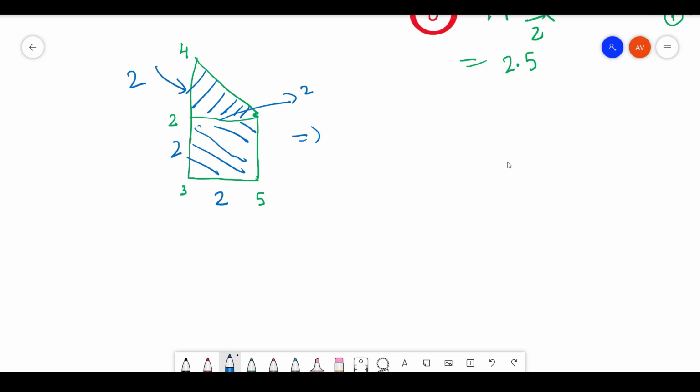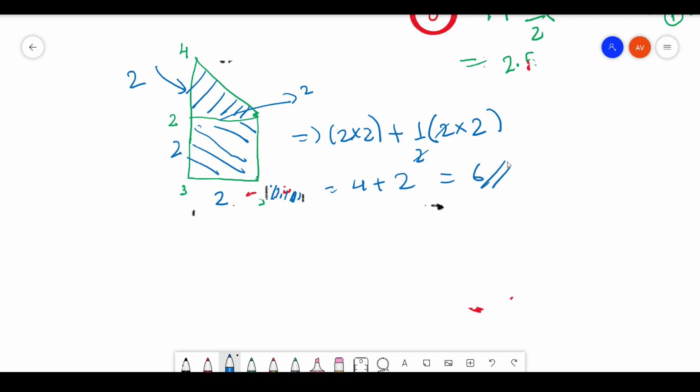So the area is 2 into 2 for the square, which is 4, plus the triangle, half into base 2 into height 2, where the 2 gets cancelled, so plus 2. This is going to be 6.